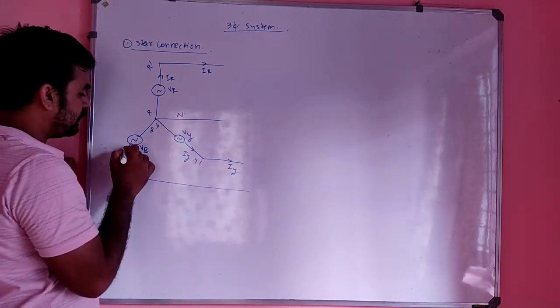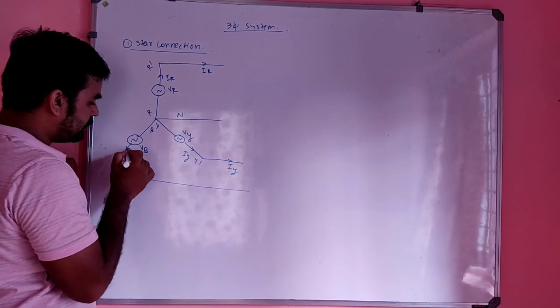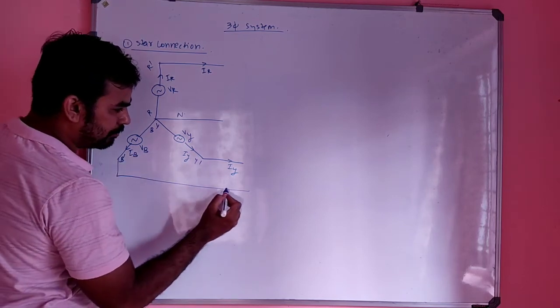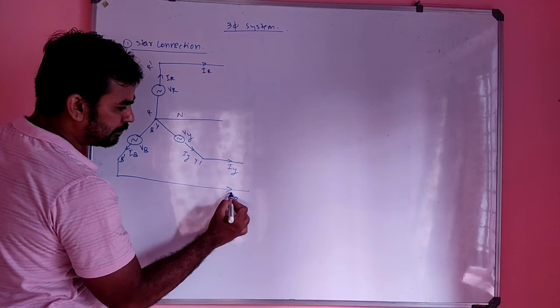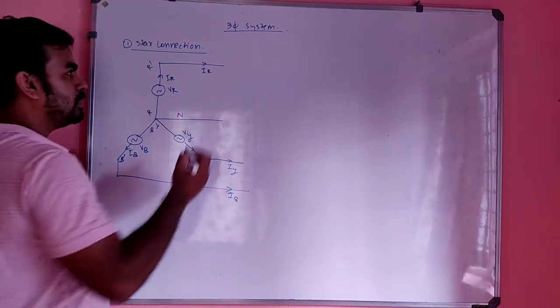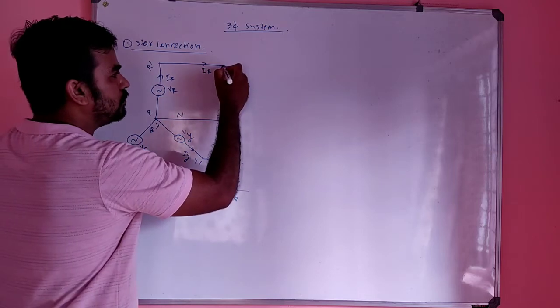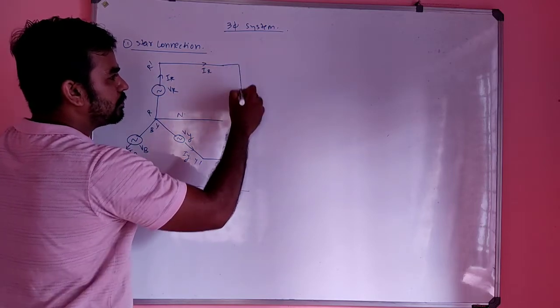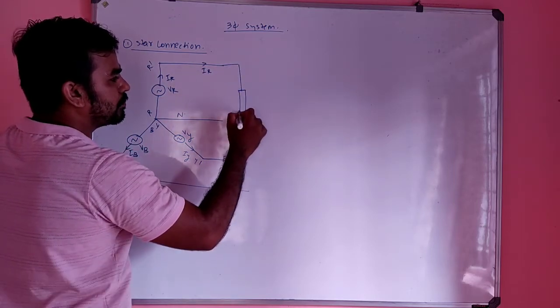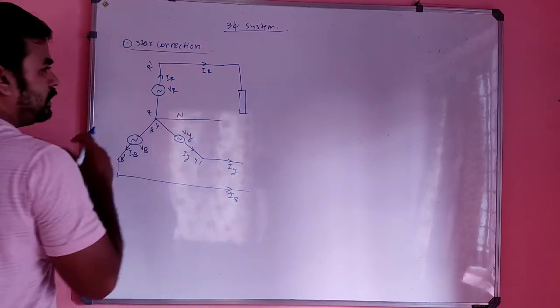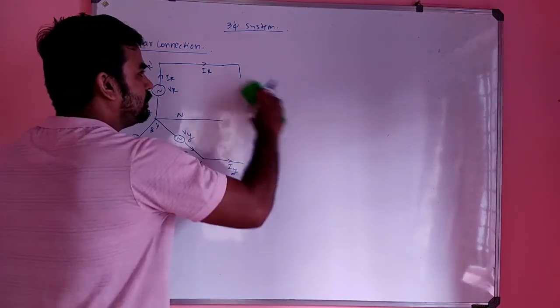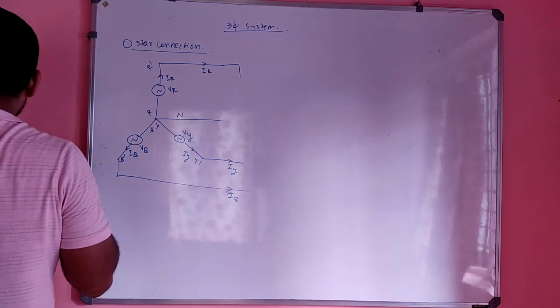Due to this VB, there is a current IB, and the same current comes here. Clear? And there we are connecting loads.